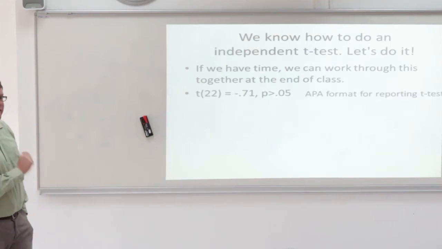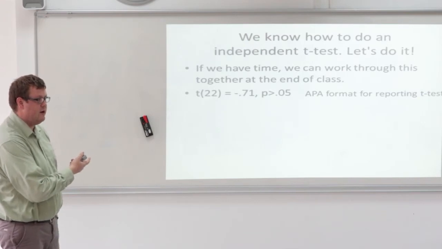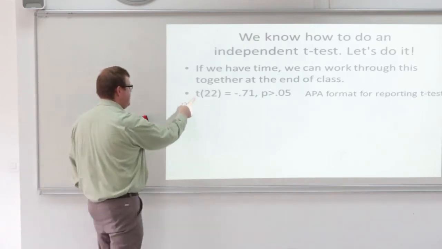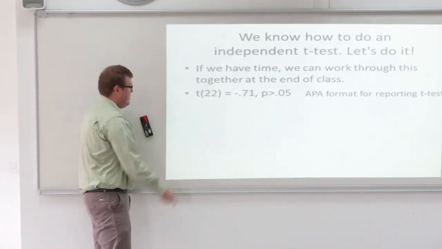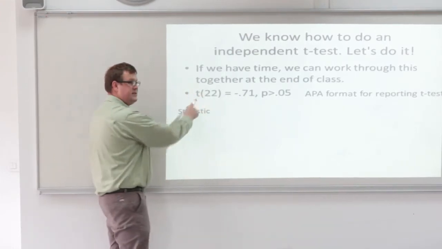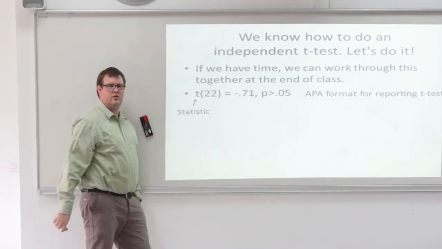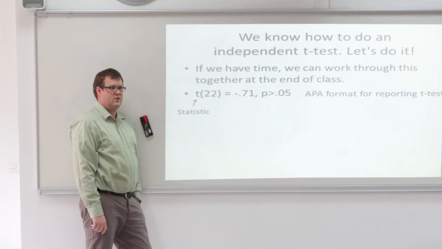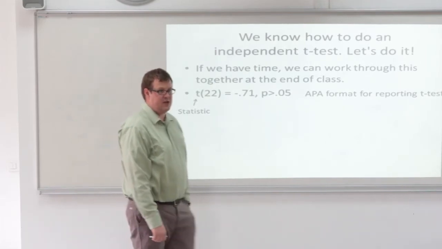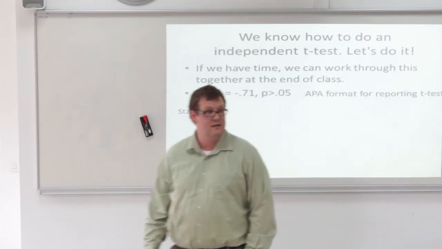This is the APA format for reporting t-tests. So what pieces do we have here? The first thing, t, is just the statistic that we're computing. If this were a z-test, we would say z, but we're computing a t-test here. What's this 22? It's not the t-score. It's related to the sample size.